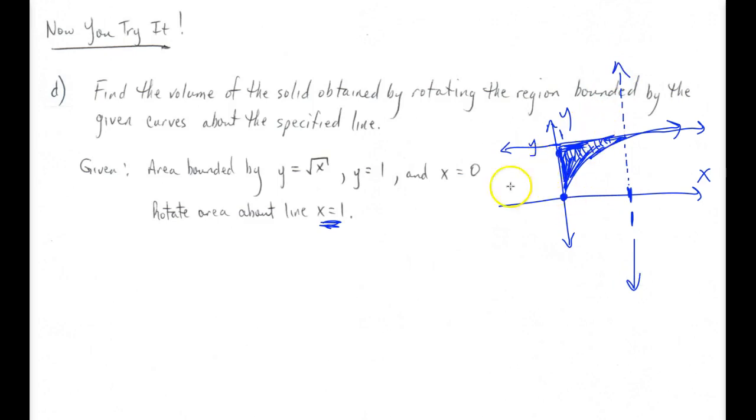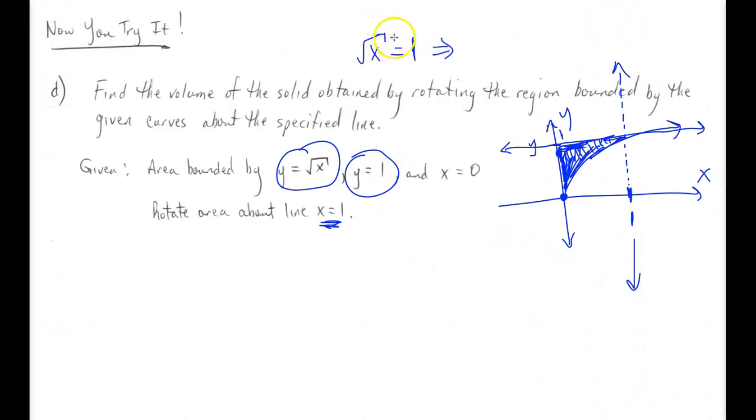Now, the one thing that we don't know right now is where all three of these particular curves intersect each other. So if we take square root of x and y equals 1, and we set those equal to each other, we can find out where they intersect.